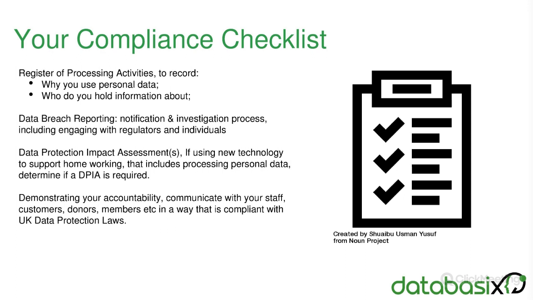It will have a specific set of data that it's going to be collecting. And this should be part of the organization's register of processing activities. And you may be asked by your customers to provide them with information about what you're processing. So the register of processing activities allows you to answer those questions.